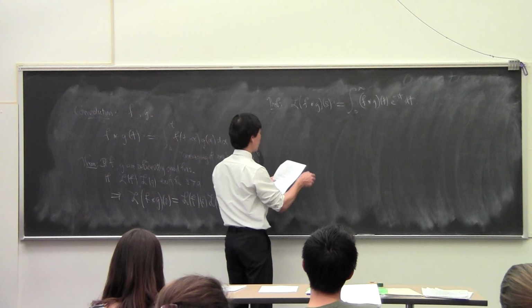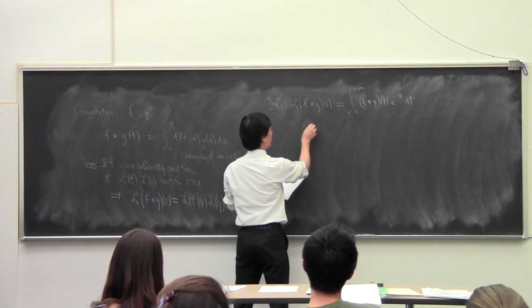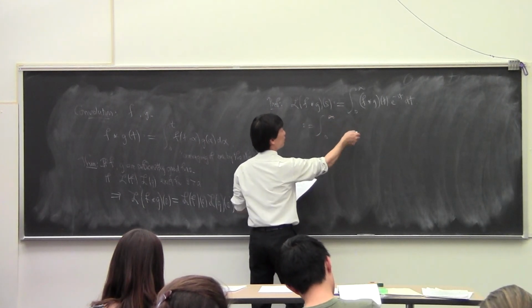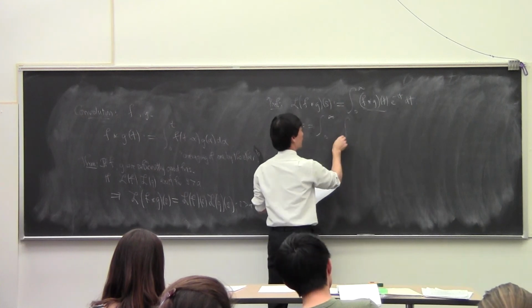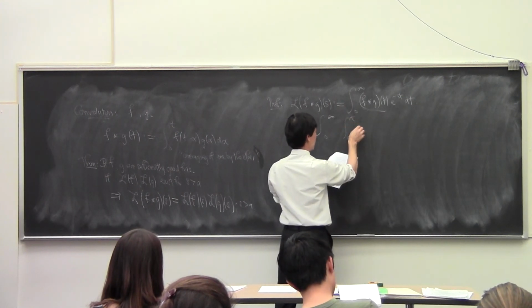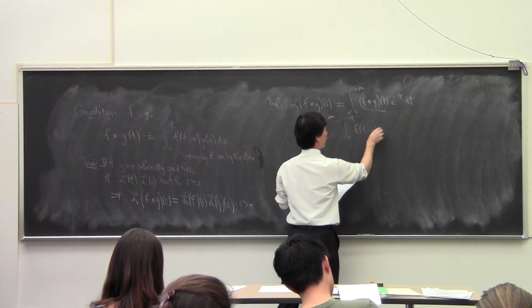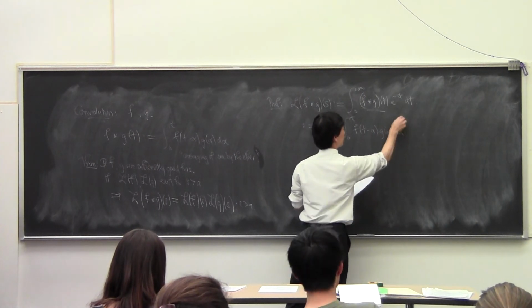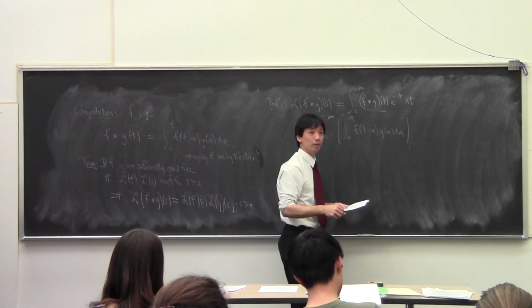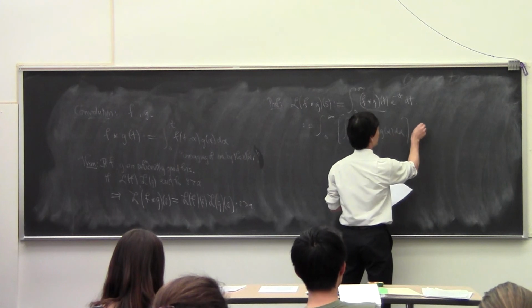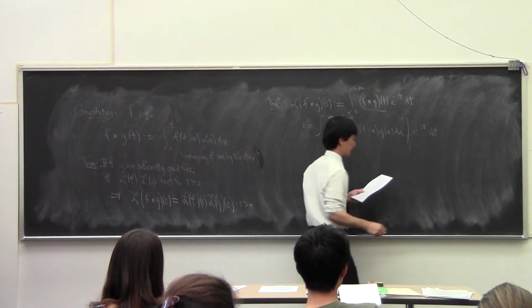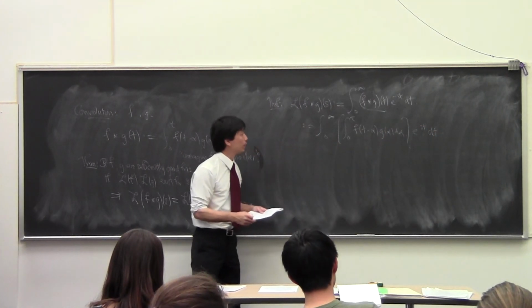That by definition is the integral of the convolution. The convolution is the integral from 0 to t of f(t minus alpha) g(alpha) d alpha, times e to the minus st, dt.